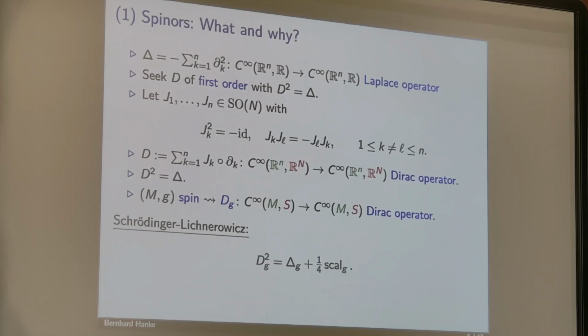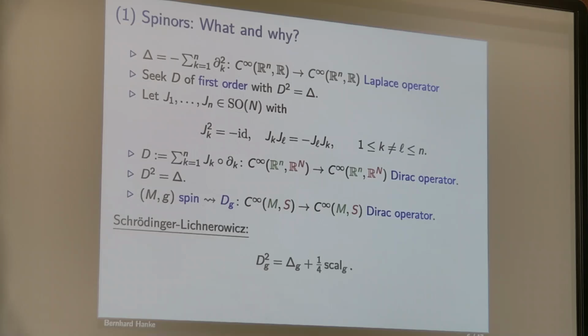The motivation to look for such an operator actually comes from physics, namely from the attempt to combine quantum theory with gravity or with relativity theory. So this is really motivated by a physical problem, to look for a first order operator whose square is the Laplace operator. And now we are back to mathematics.